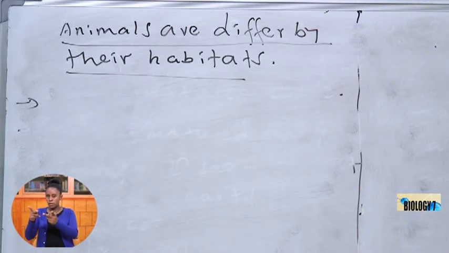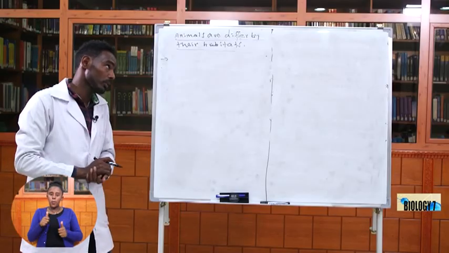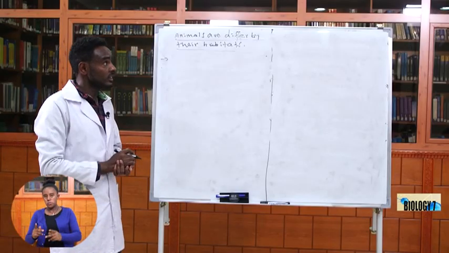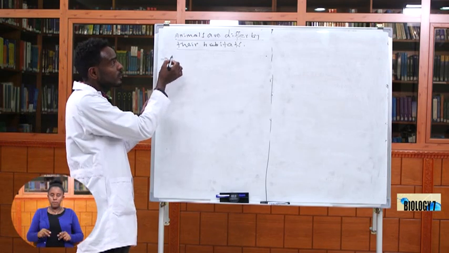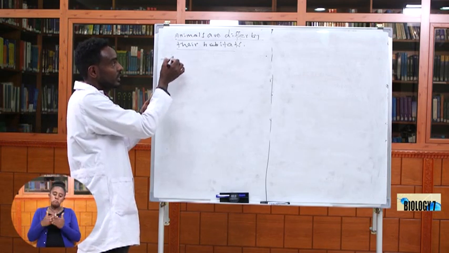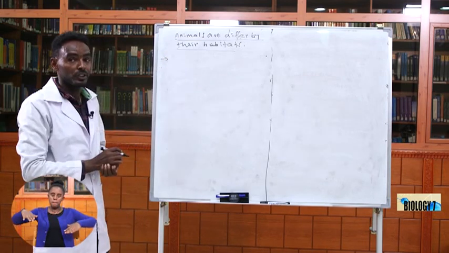Habitat means the place where living organisms live and reproduce. Some animals live on land. Such animals are called terrestrial animals.